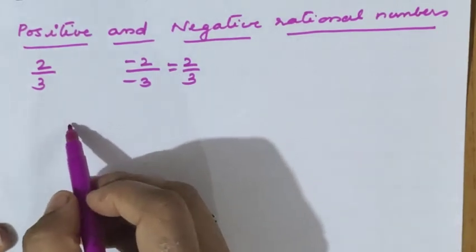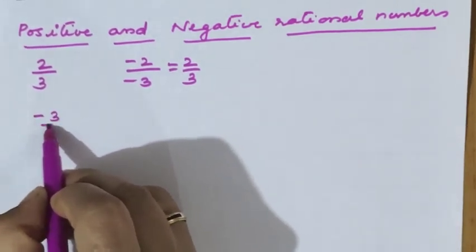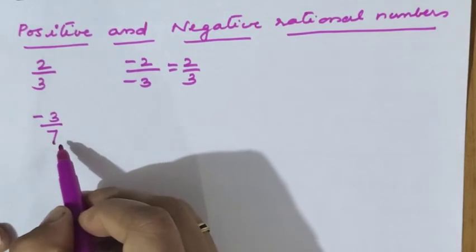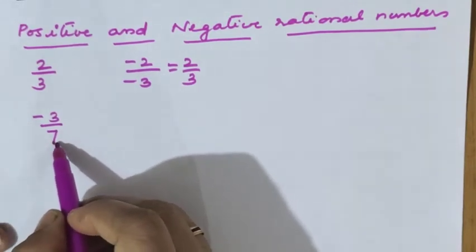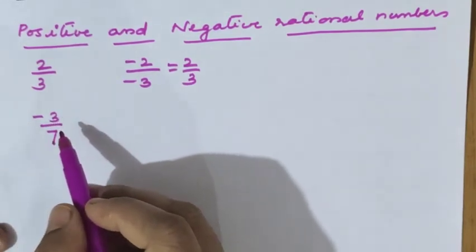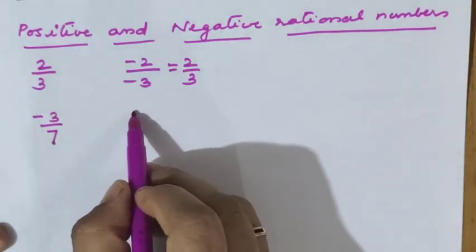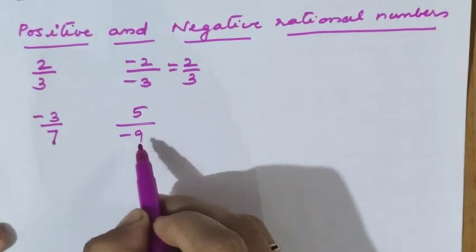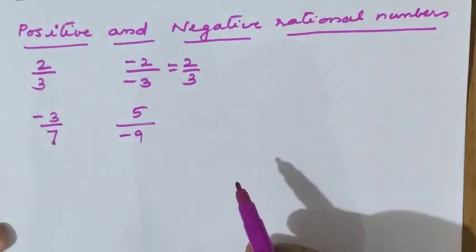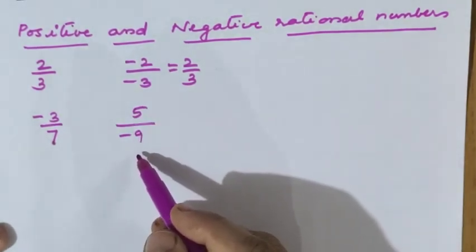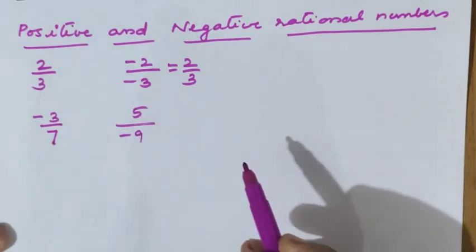Now what about the number minus 3 by 7? You can see that the denominator is positive but the numerator is negative. Such numbers are called negative rational numbers. If I write 5 by minus 9, it is also a negative rational number. This time the denominator is negative and the numerator is positive.